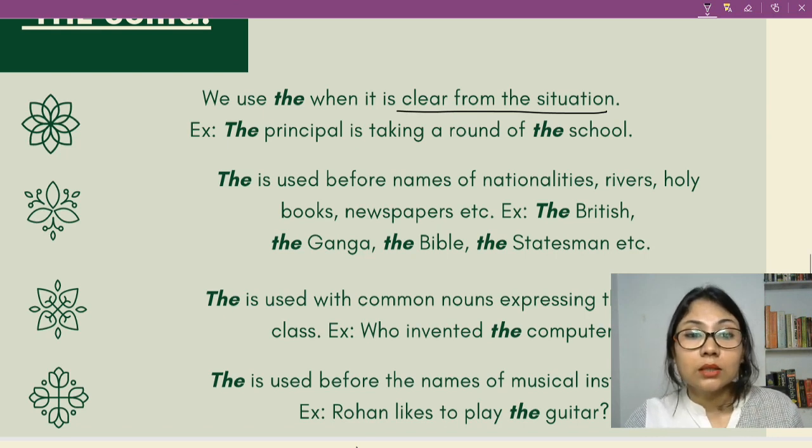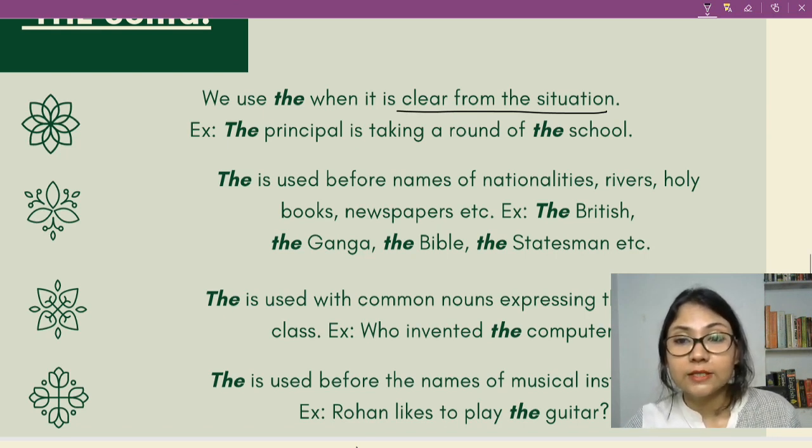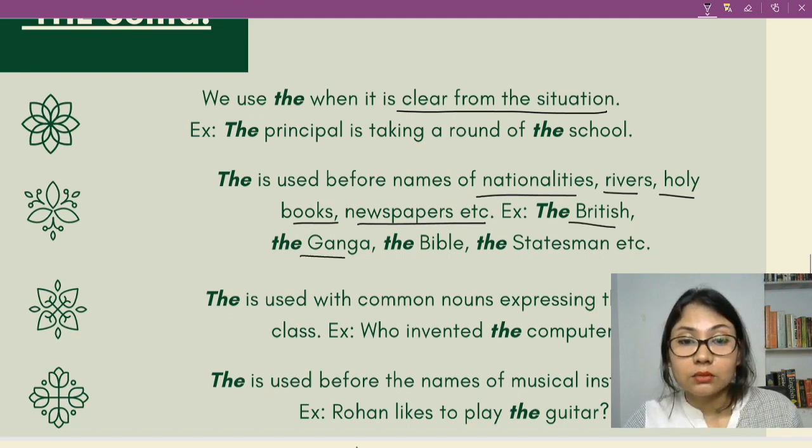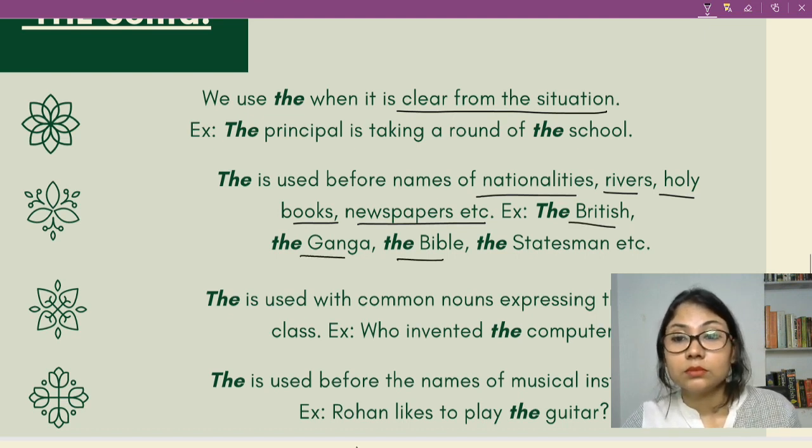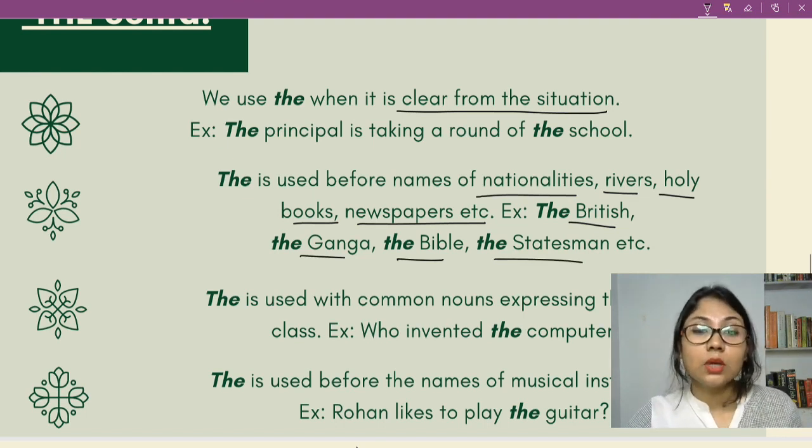Next, the is used before the names of nationalities, rivers, holy books, newspapers, etc. Let's see the examples. The British, the Ganga, the Bible, the Statesman, etc. Let's move on to the next use.